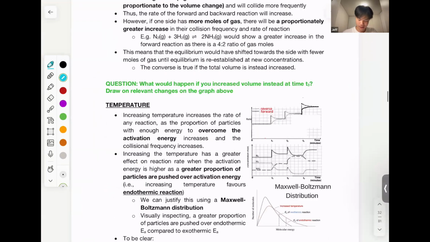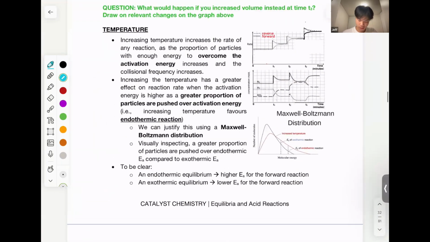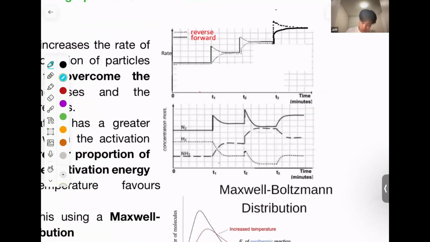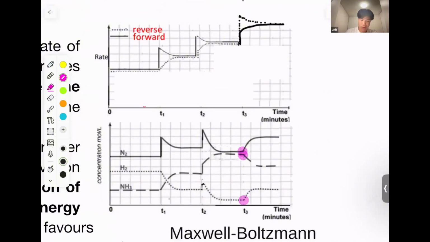Okay. Finally, temperature change. As you can see here, with temperature change, you see no changes in any of the concentrations when you make the change. That's your telltale sign it's a temperature change. You also see that both forward and reverse rate actually increase, because you now have a higher number of collisions per second in both the forward and reverse reaction, and the success rate is higher in both.